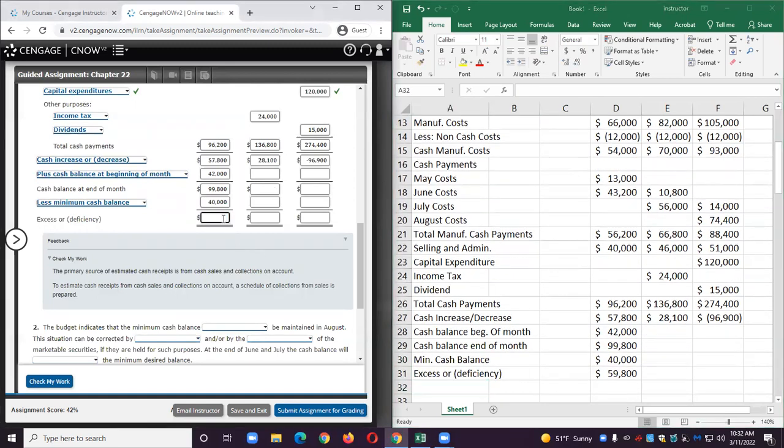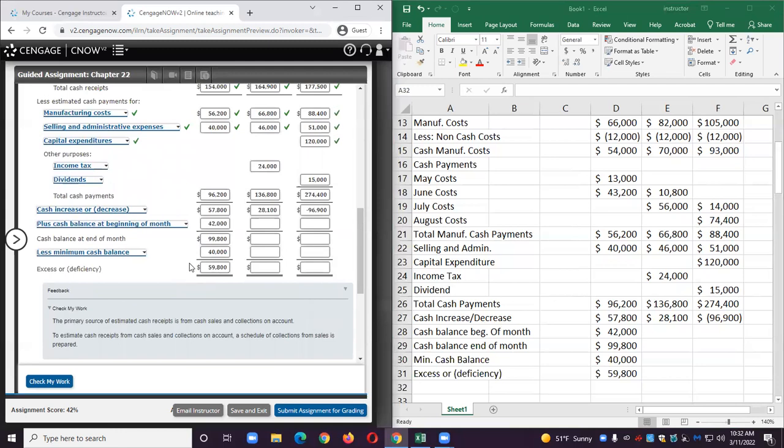So at the end of June, I'm going to have $59,800 more cash than what my minimum required is. Does that make sense? I require 40,000, but I have 99,800.